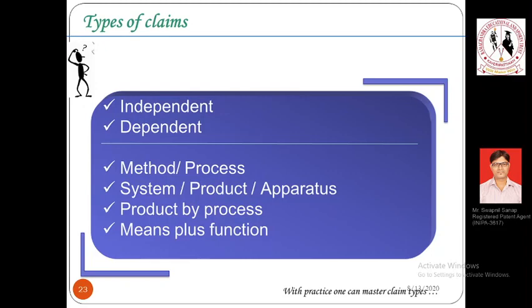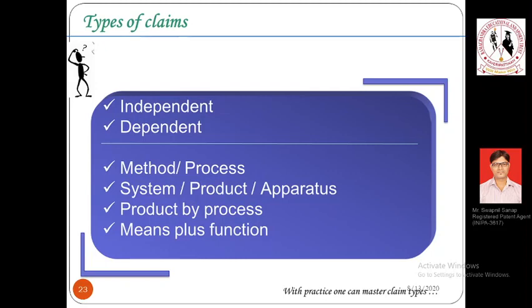An independent claim is a claim which defines the scope of your invention. For example, if the room where you are currently sitting is your invention, then the walls of the room, the distance between each wall and the height of the roof are all covered in the independent claim. Whereas a dependent claim gives the specific description of each and every feature.